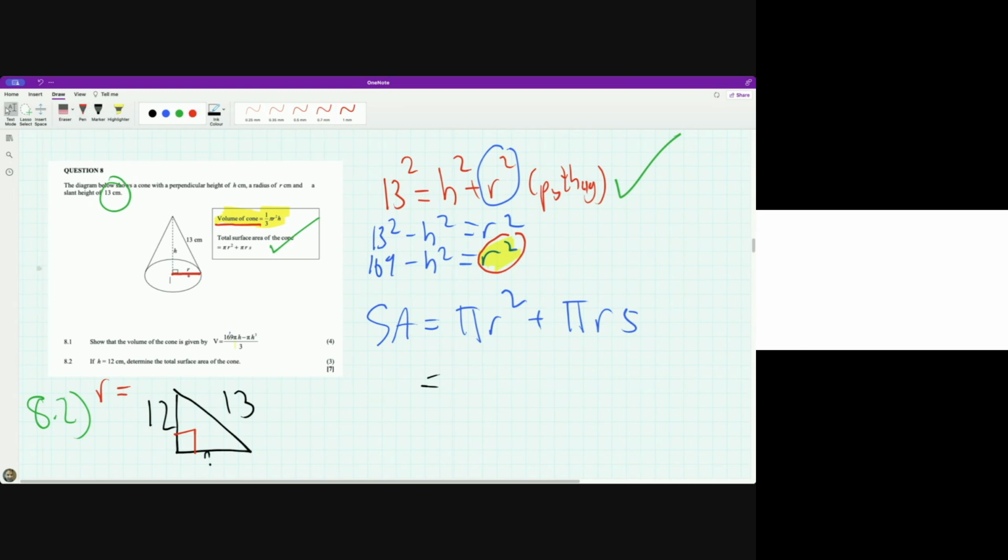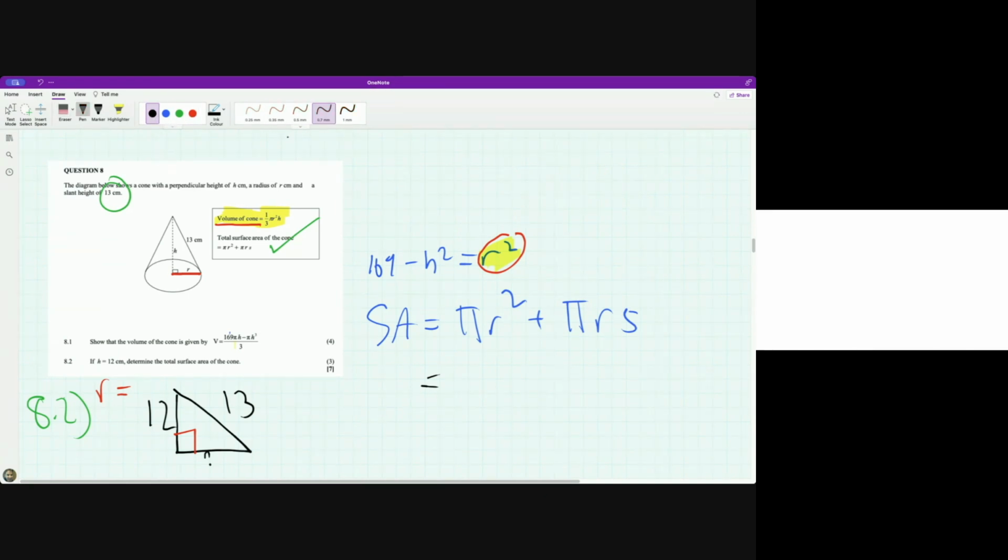Oh, h cubed. Sorry, Machadiso, now I understand your question. The reason it became h cubed in the end is there was already an h in the formula. Everyone's working on surface area, but I'm quickly answering this question.